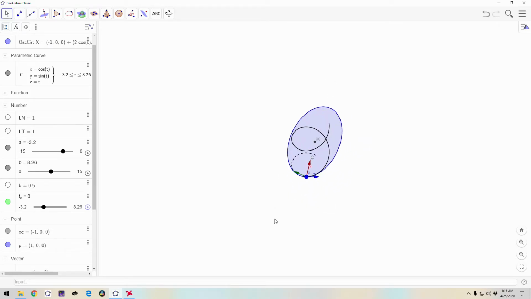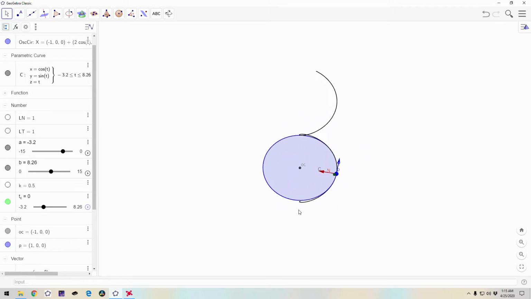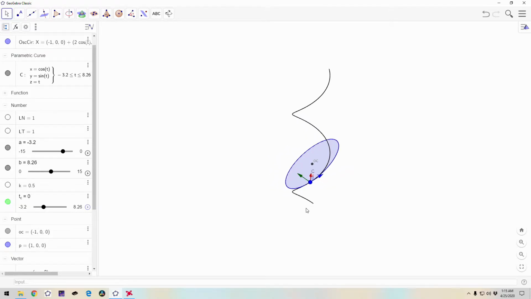Okay, if I turn this just right, you can see. You can't even distinguish the circle from the curve itself at this point right here. When it gets really close in, they're basically the same shape, which is why that circle and the curve are said to have the same curvature. And of course the radius is 1 over, so the radius is going to be 2. And don't forget, this curve has constant curvature.